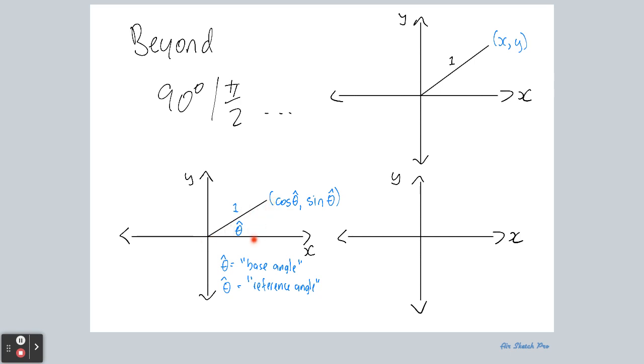Theta hat is the angle formed between those two, and we now have cosine and sine defined as the coordinates of the end of that line, remembering that that line has to be of length 1.